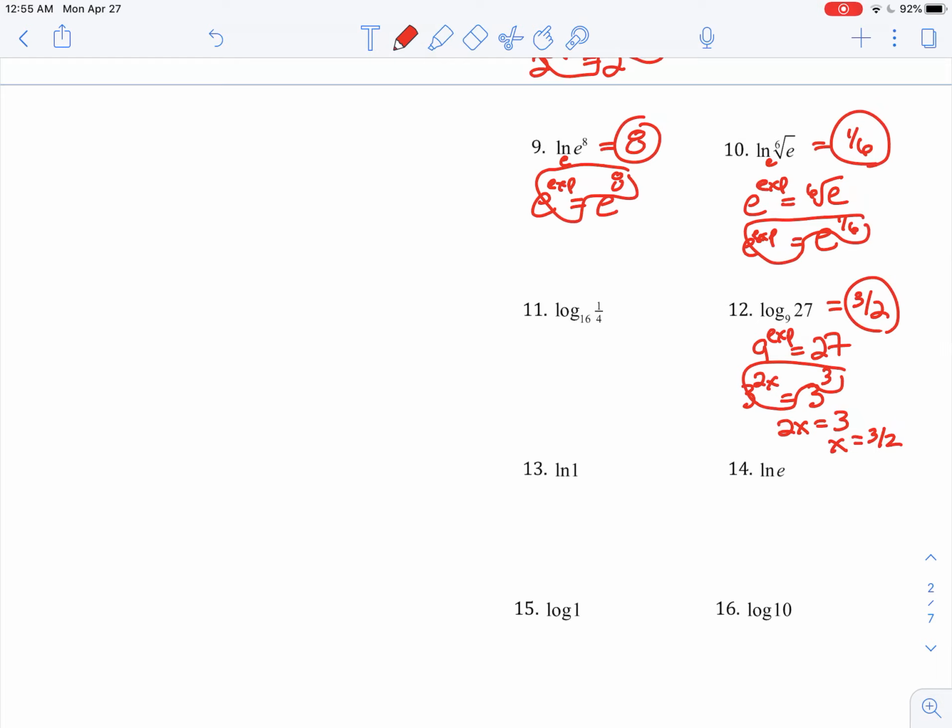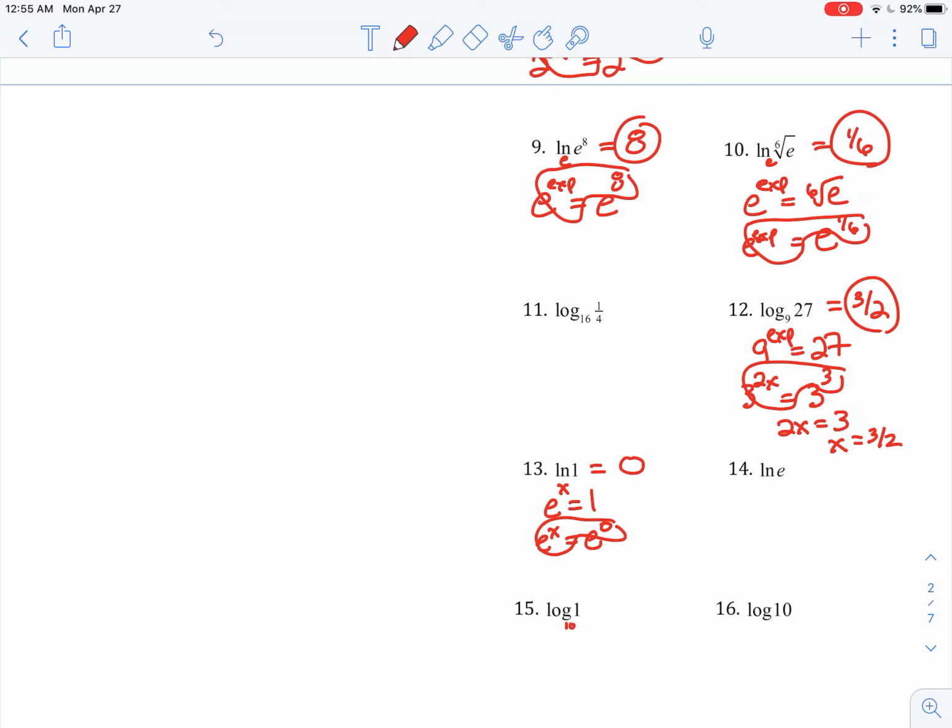On 13, the natural log of 1. E raised to what exponent gives you 1? And we know that if you take any base and you raise it to 0, you are going to get 1. So the natural log of 1 is just equal to 0.